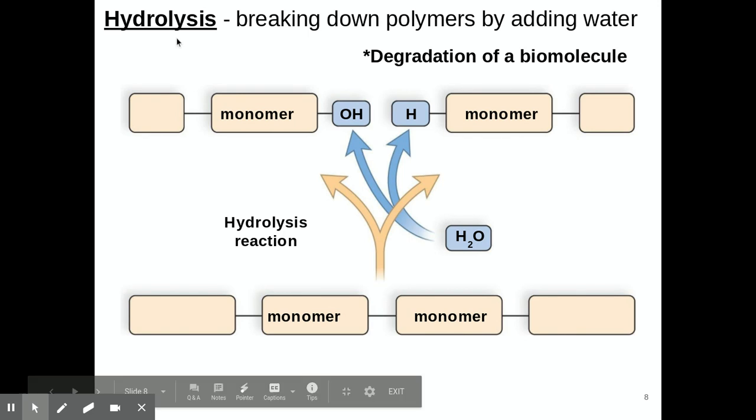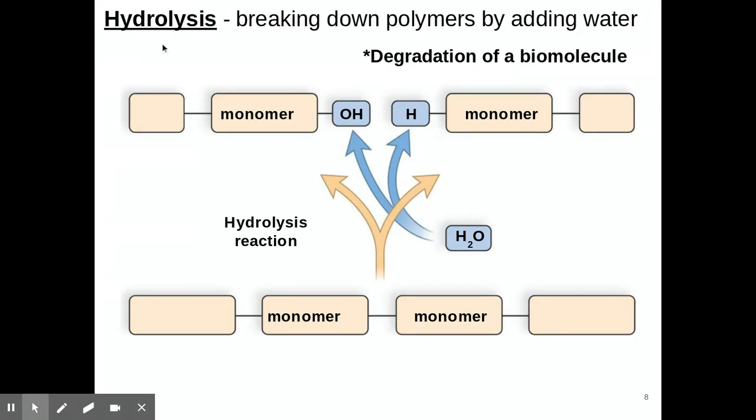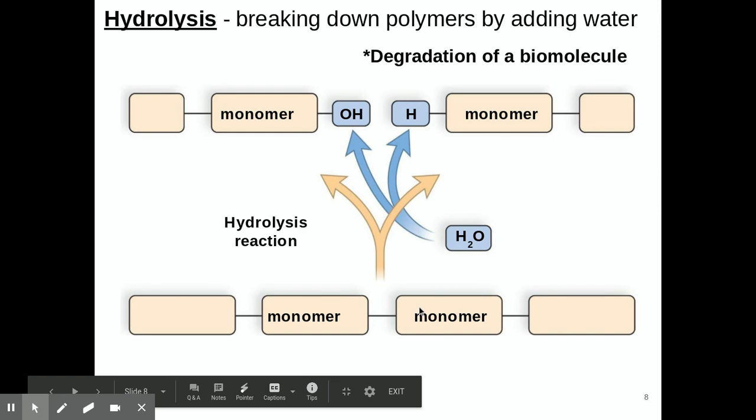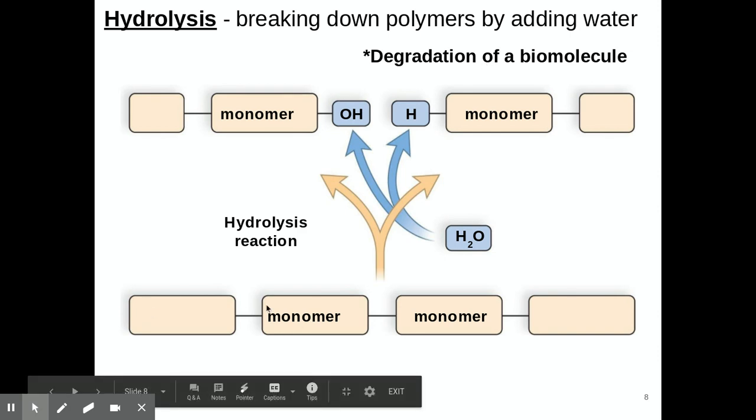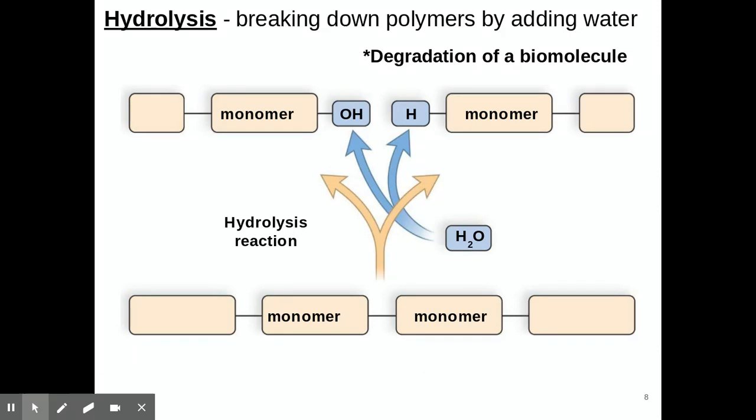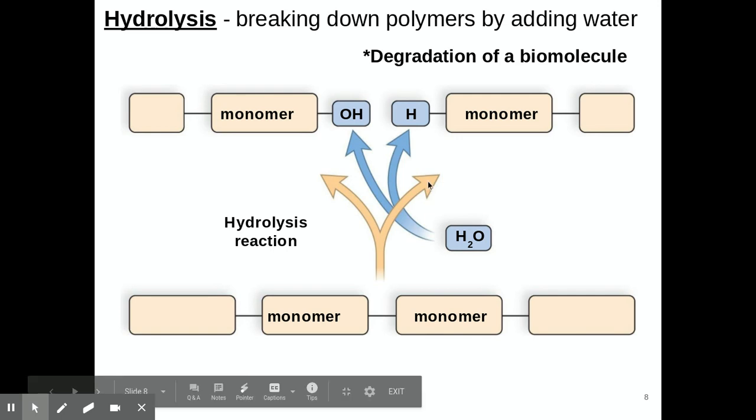Hence the word hydrolysis, to hydrate, to add water to something. So a hydrolysis reaction puts water in, and now you have your separate monomers back again. So that's degradation of a molecule, breaking it down. So whether you want to synthesize, build up a molecule, that's a dehydration reaction. If you want to degrade it, break it down, that's hydrolysis.